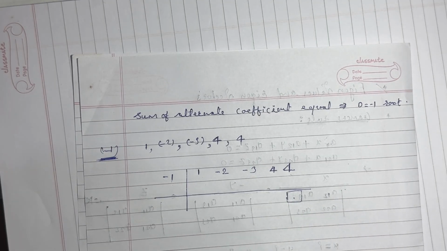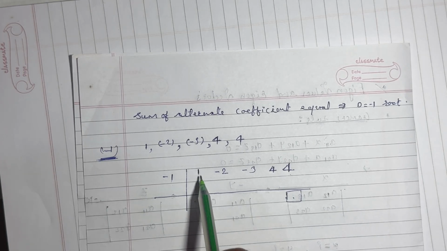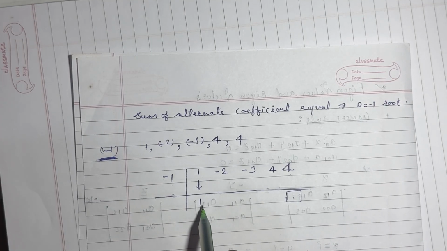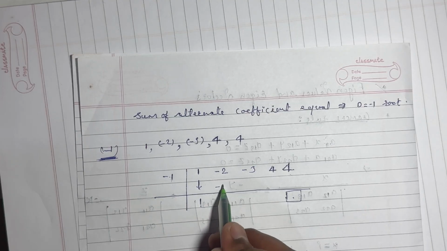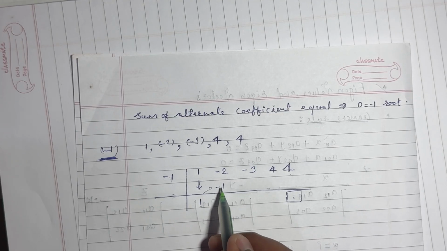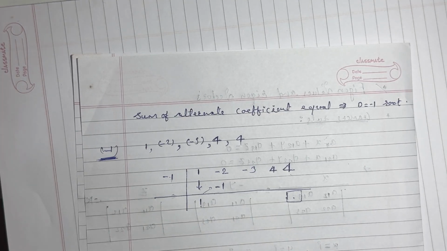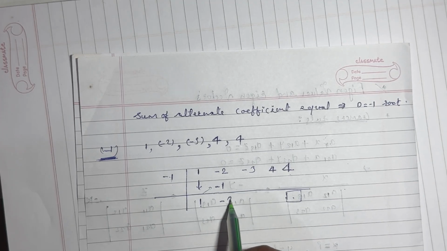So let's follow the steps for synthetic division. We take 1 as it is down here. Now we multiply these two elements, -1 into 1 which is -1, and we write it here under -2. Then we add both of them, -2 plus -1 which is -3.